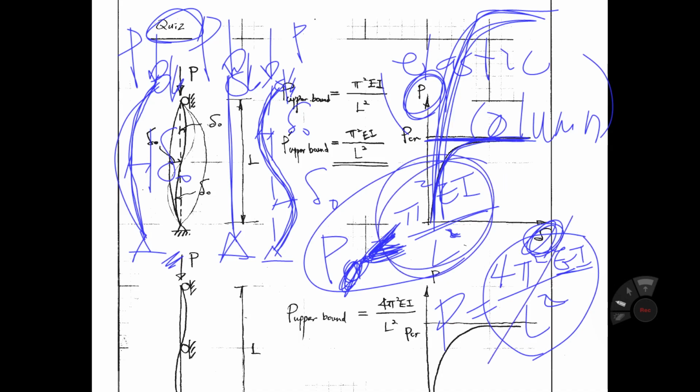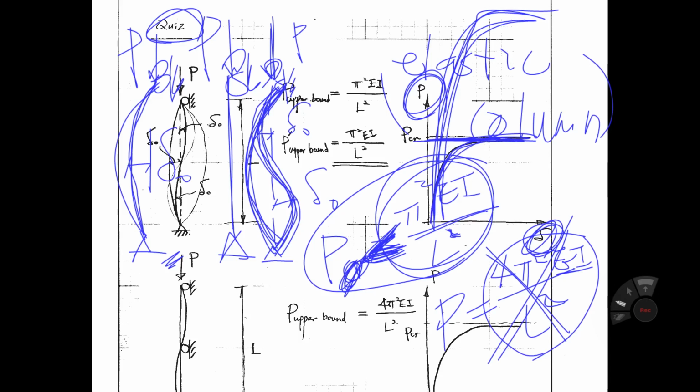Not that one. Because if we apply the load like that, the imperfection increases like that, and then if we increase some more load, this column buckles like this. The shape of the buckling changes like this. So the maximum Pcr is like that.